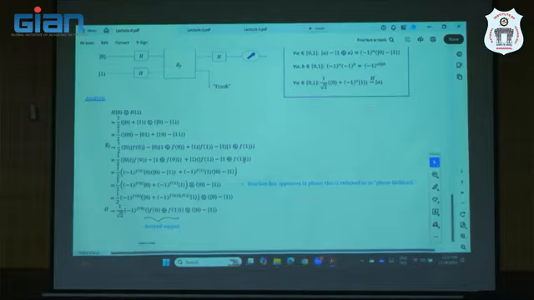If both the bits are 1, it's a constant function because f of 0 is 1 and f of 1 is also 1. If one is 0 and the other is 1, it's a balanced function because exactly half is 0 and exactly half is 1. That is the difference between a balanced function and a constant function. Okay?